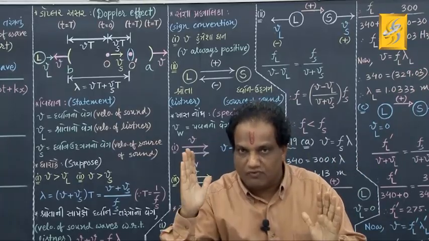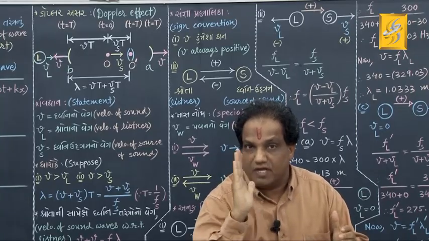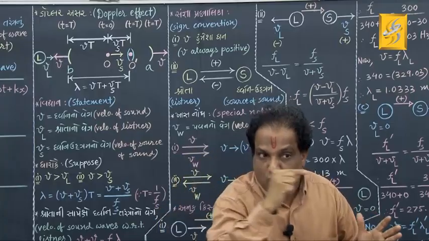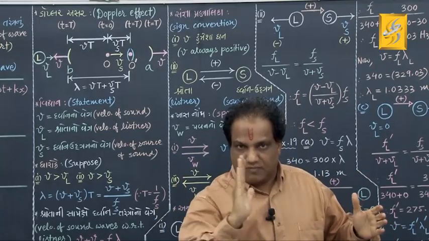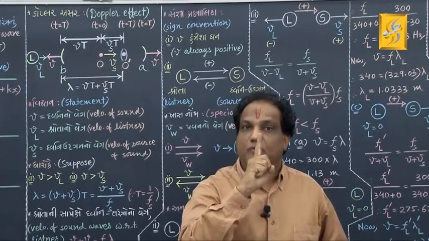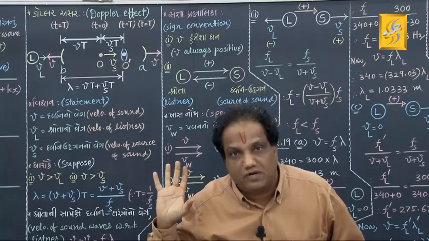When sound waves propagate, the air particles simply oscillate about their mean positions, which is parallel to direction of propagation of sound wave. At that time, whatever time is taken by air particle to complete one oscillation is called periodic time of sound wave. Let it be shown by symbol capital T.